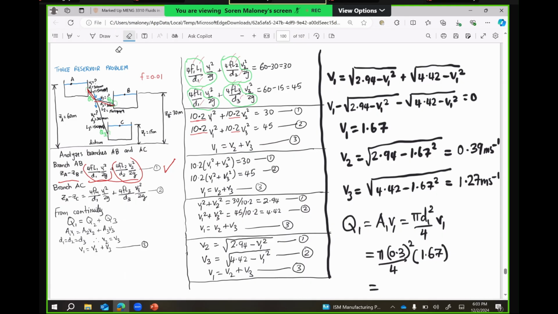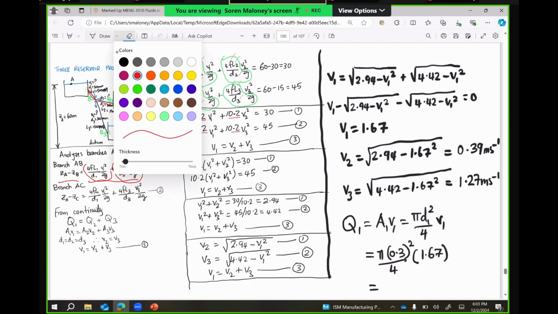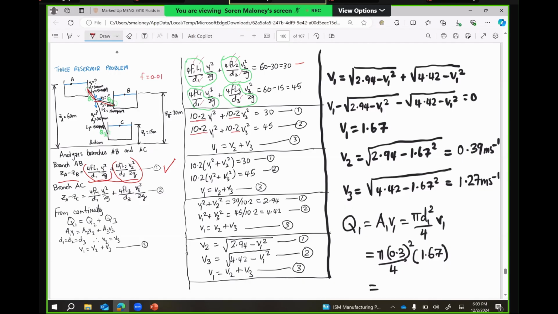So we set up our problem. We have our first two equations, this is equation 1, equation 2, because we know that ZA is 60 meters, ZB is 30, ZC is 15, and this is our datum down here.